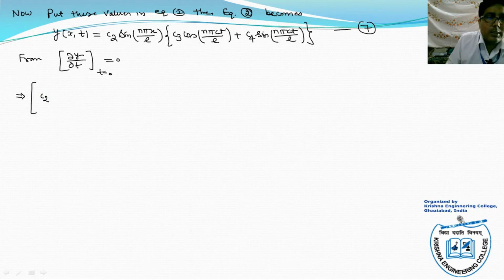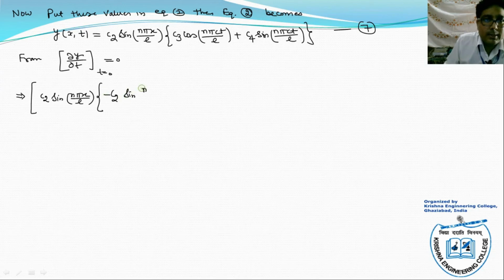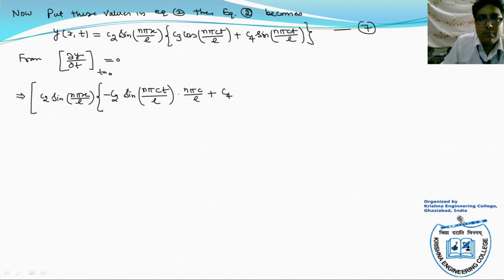This term is as it is because it is a function of x, sin n pi x by L. C2 differentiated partially with respect to t becomes minus sin n pi Ct by L into n pi C by L, plus C4 differentiated partially with respect to t becomes cos n pi Ct by L into n pi C by L. Clear? And at t is equal to 0.